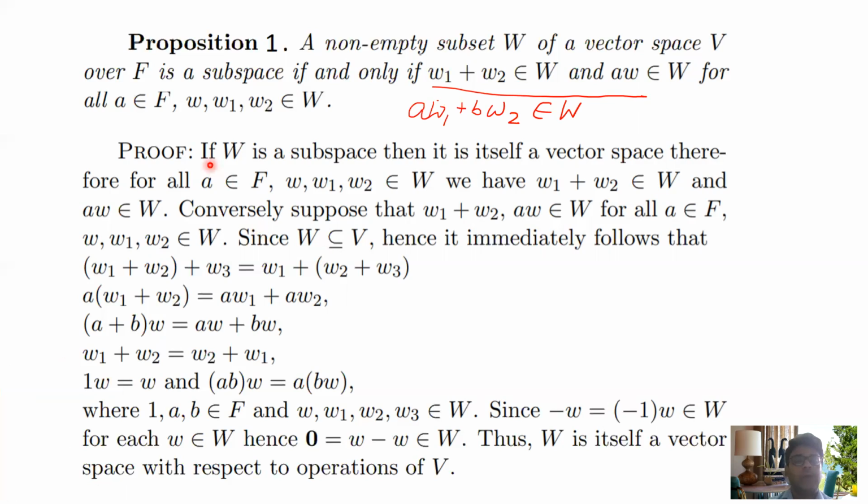Now, if W is a subspace, then it is itself a vector space.